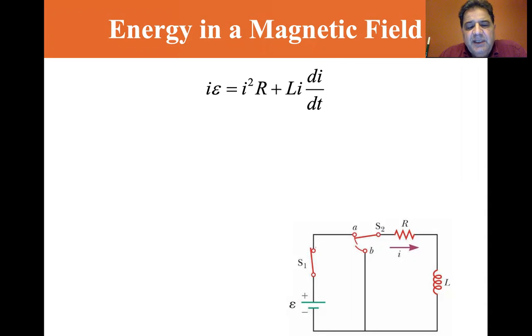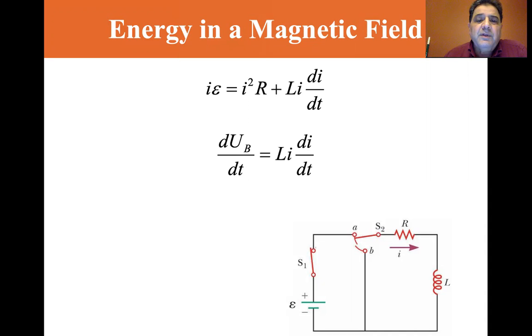You can still see the E, IR, plus L di/dt, but we've multiplied both sides by I, so that we end up with IE equals I squared R plus L I di/dt. So the U_B is the energy stored in an inductor. So dU_B/dt equals L I di/dt.